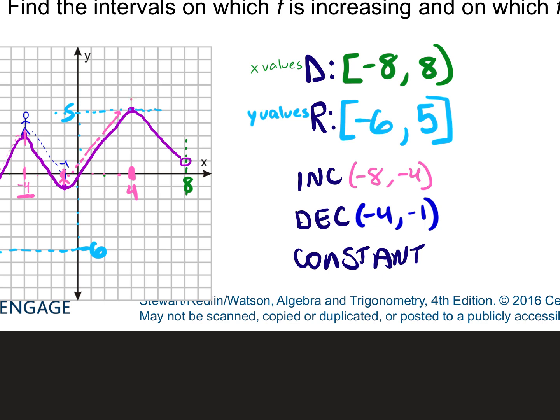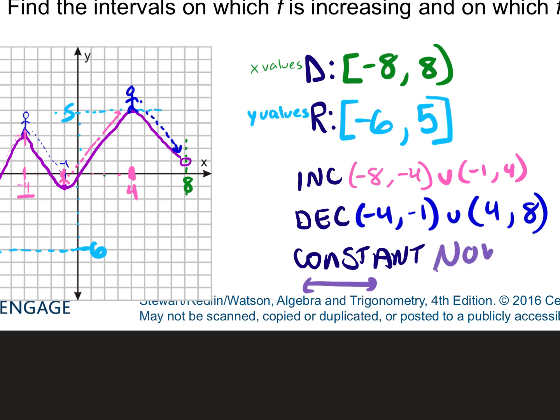So we are going from -1 to 4. And then at 4, we start decreasing again to what x value? To 8. So we'd be decreasing from 4 to 8. Do we have any parts of our graph that are constant, just a flat line, no increasing or decreasing? No. So constant would be none. Remember, for increasing, decreasing, and constant, we are looking at the x values.